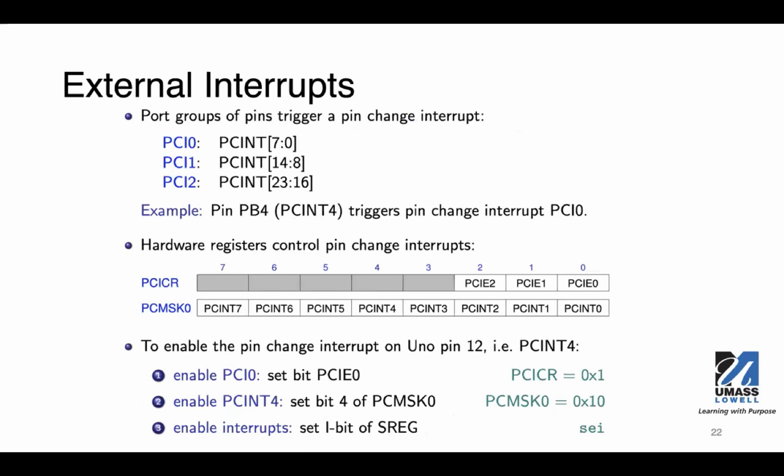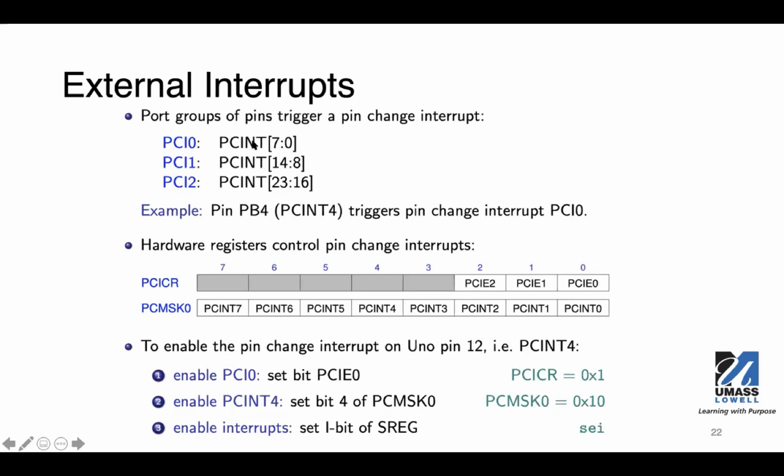Okay, so we mentioned earlier that these pin change interrupts are not individually recognized, in the sense that for these pins, 0 to 7, 8 to 14, 16 to 23, even though we can detect their pin change, they are grouped into ports.